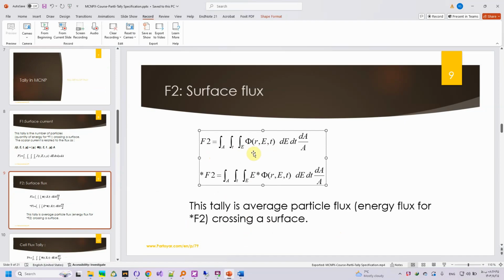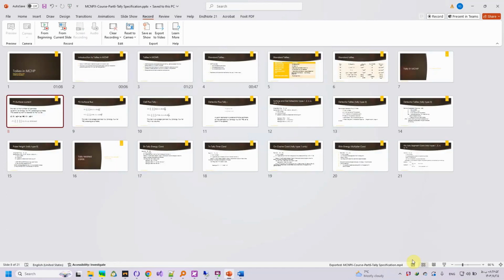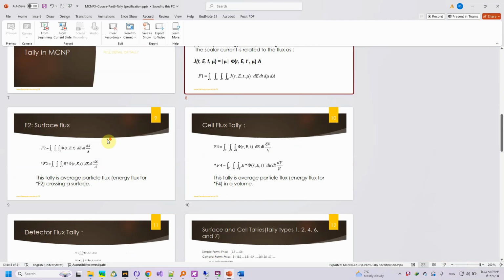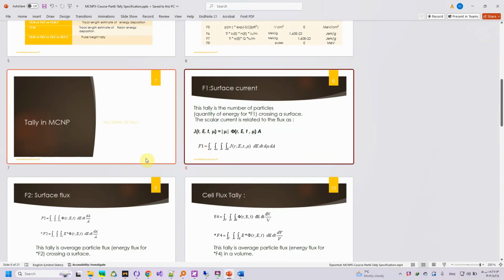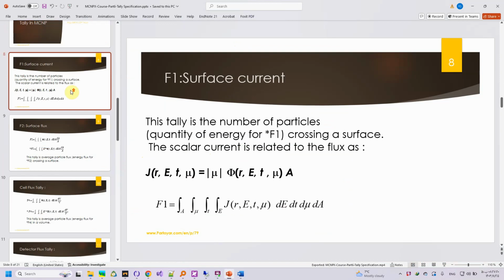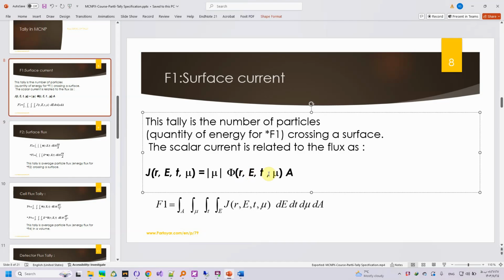Similar to F1, the F2 card is flux. If we compare F2 with F1, we can see that the direction is not stored in the F2 parameter.